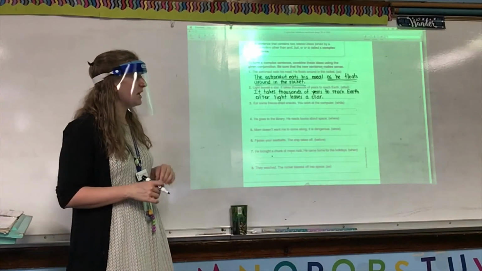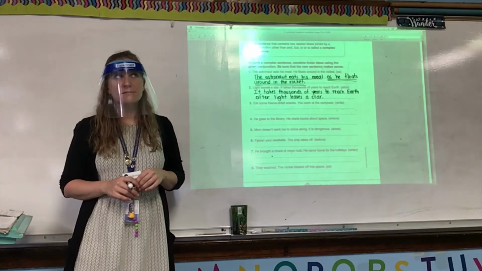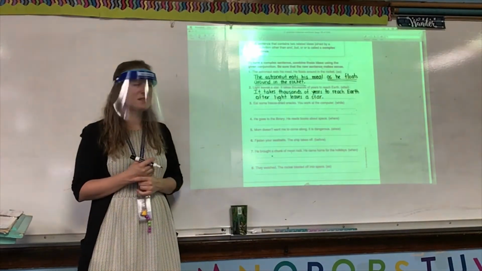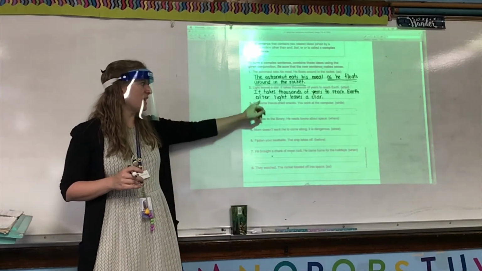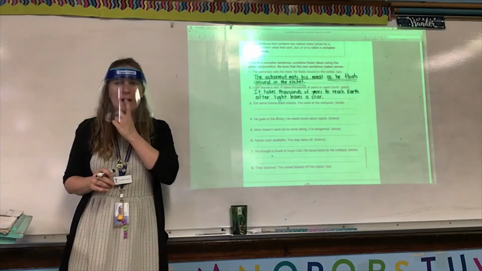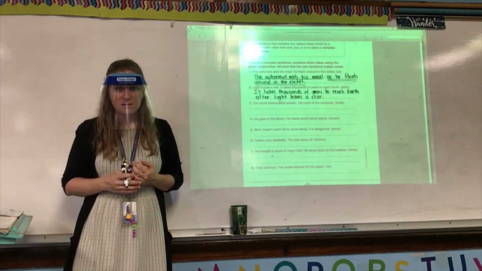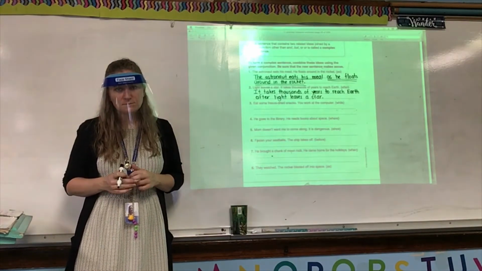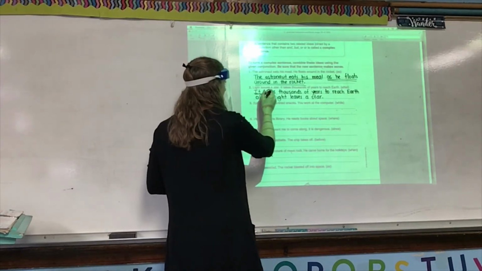So now, looking at this sentence, what part is the independent clause? Which part are we going to underline once? Is it takes thousands of years to reach Earth? Or is it after light leaves a star? Zari? Which one is the independent clause? It takes thousands of years to reach Earth.